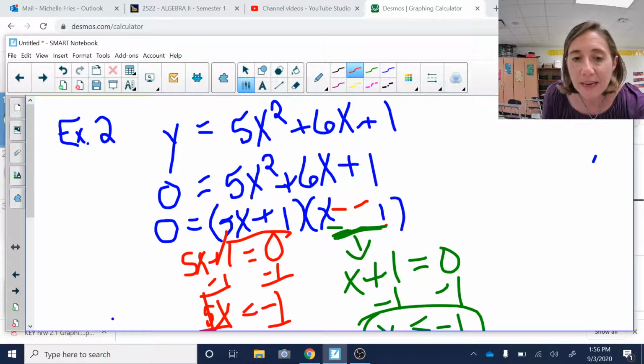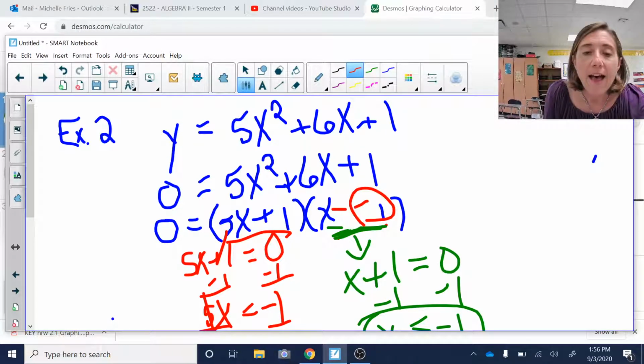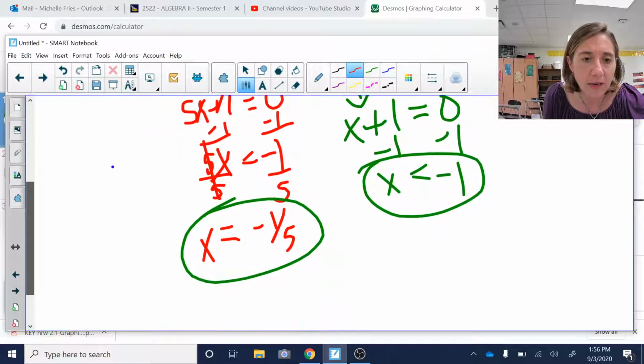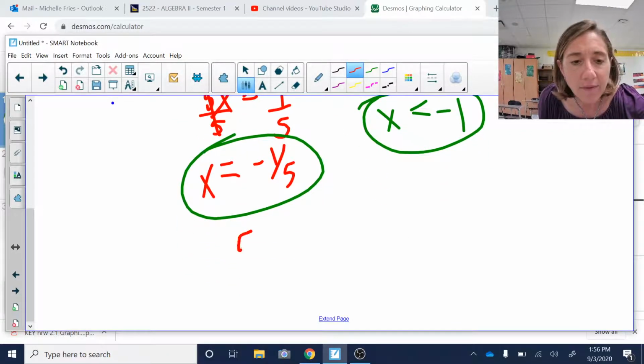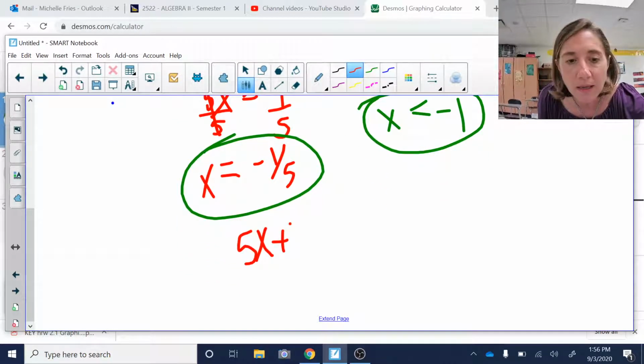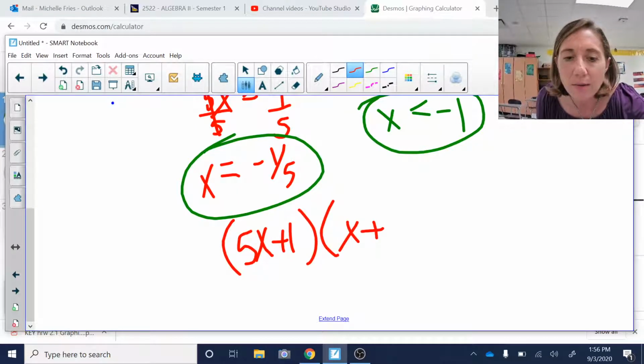So x minus negative 1, you can see that there's your root, your intercept, negative 1. It's not as easy to see in this other factor. So here's what we do to make it easier to see. So I'm going to take that 5x plus 1 piece. I'll go ahead and bring down the x plus 1 piece just so it's there.